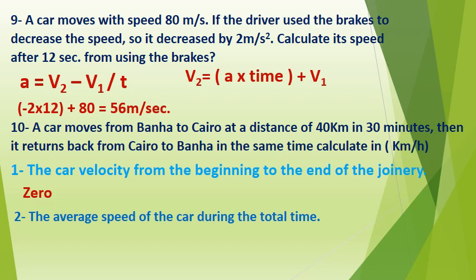So the average speed here equals total distance divided by total time, and the total distance here equals 80 kilometers, and total time equals 60 minutes, but he asks you to calculate it in kilometer per hour, so I will change 60 minutes to hours. 60 minutes equal just 1 hour, so the answer will be 80 divided by 1 equals 80 kilometers per hour.